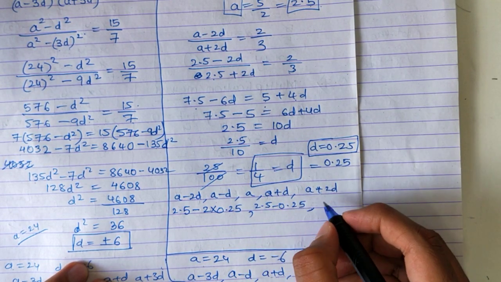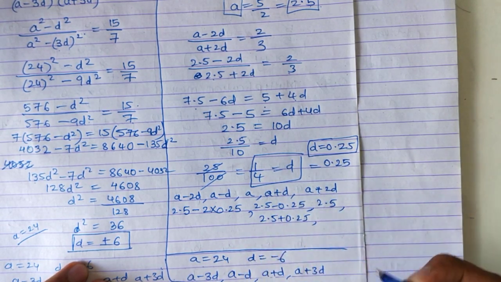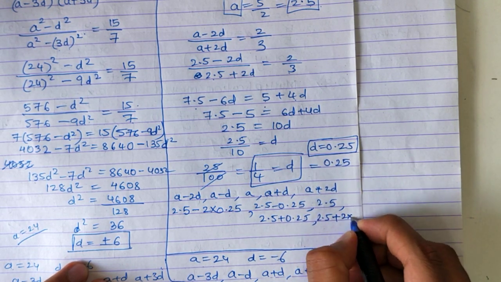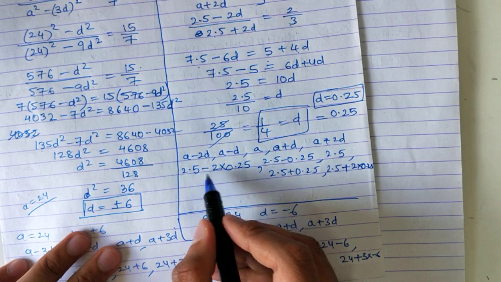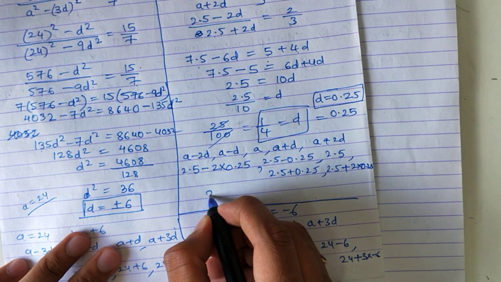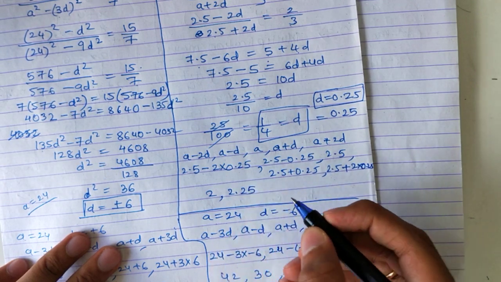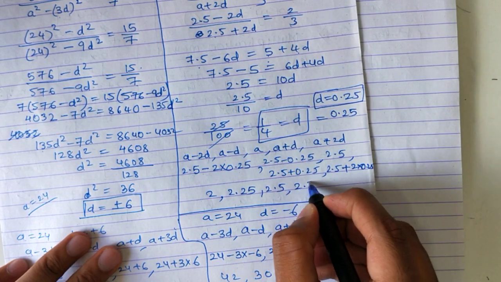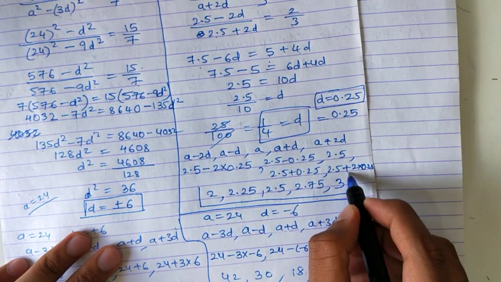Then a is nothing but 2.5, then a plus d, so 2.5 plus 0.25, and a plus 2d means 2.5 plus 2 into 0.25. So my final answers: 2.5 minus 2 into 0.25 is 0.5, so you will get 2. First number will be 2, second number will be 2.25, the third number will be 2.5, then 2.75, and the fifth number will be 3. So these are the 5 numbers.